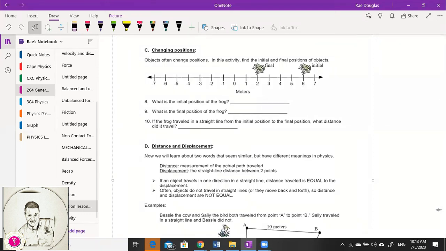It says objects often change position. In this activity, find the initial and the final position of the object. Let's look at the diagram here and determine what value in terms of distance is the final and what is the initial.